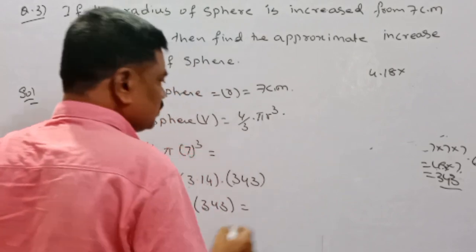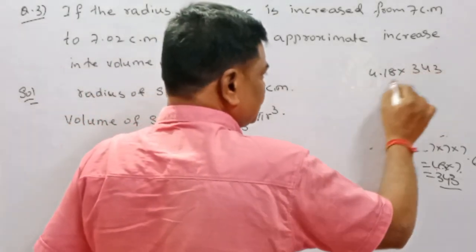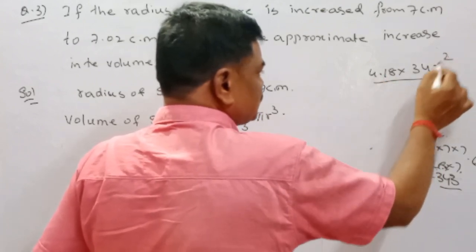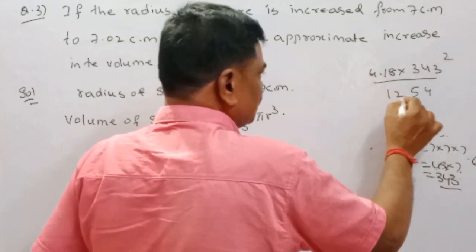4.18 into 343. 3 8s are 24, 3 1s are 3 plus 2, 5. 3 4s are 12.